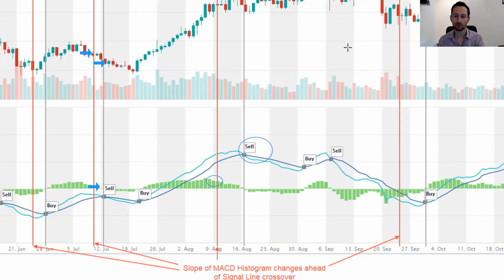And that also works with buys. It could get you into the trade a little sooner with a little more upside if you take a look at the histogram bar changes and inflection points.